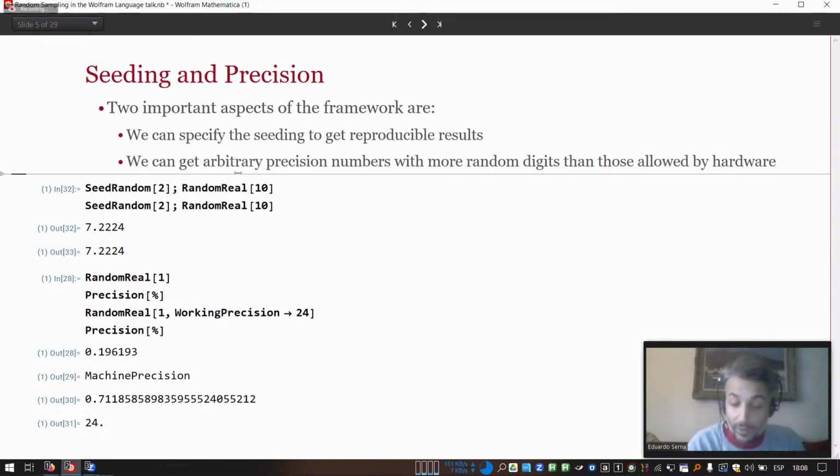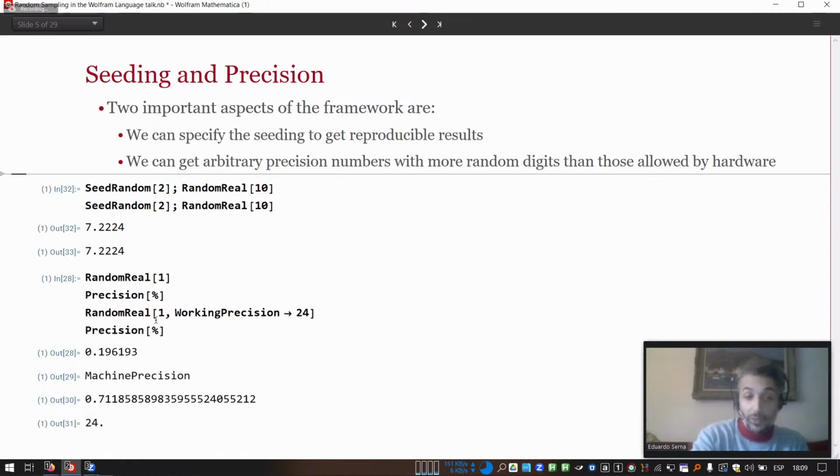Another very important thing that we can do is to leverage the arbitrary precision arithmetic system in the Wolfram language to get random arbitrary precision numbers that have more random digits than are allowed by the hardware. And this is very useful for certain computations where things might be ill-conditioned, or you're close to a singularity, and there's no algorithm that will save you from that, and you just need more digits than those that are available.